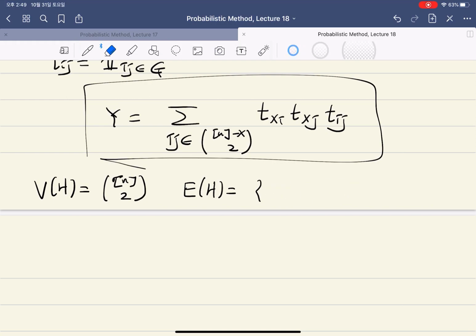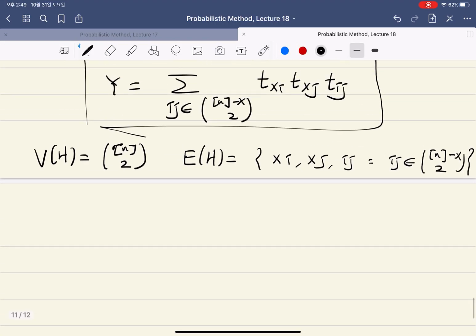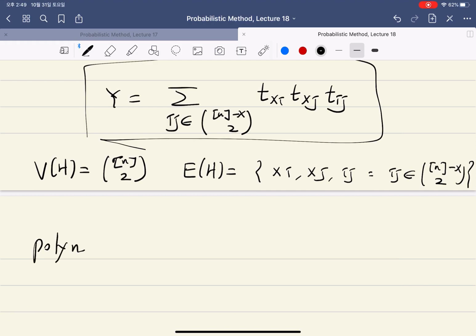Now in here, the hyperedges are x i, x j, ij, where i and j are two numbers not in x. This is a polynomial of degree 3.